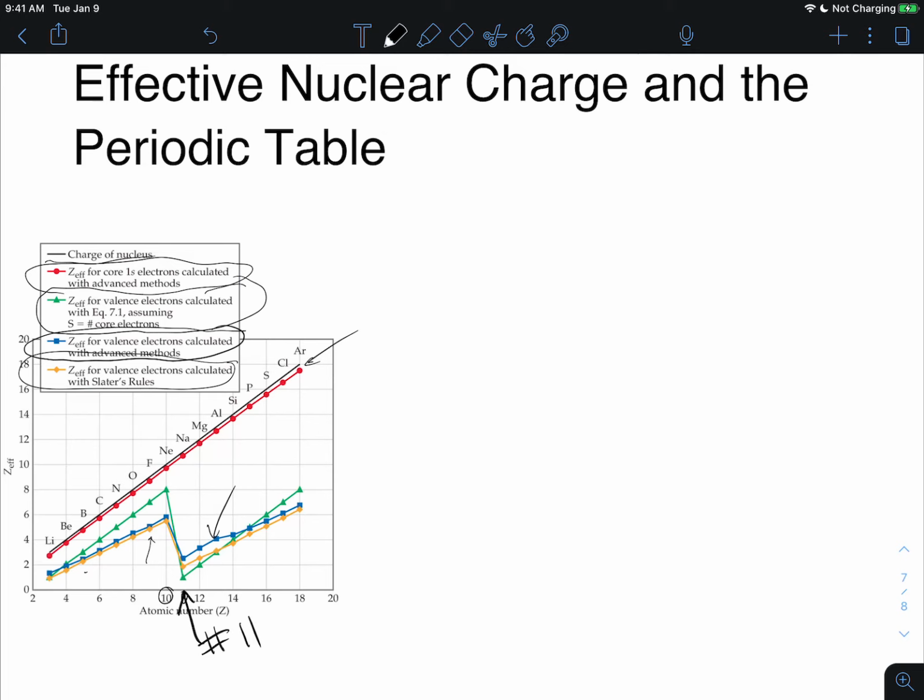We have a significant decrease in our effective nuclear charge because now we've gotten to another shell. In general, the trend for our effective nuclear charge is that it increases going across the periodic table.